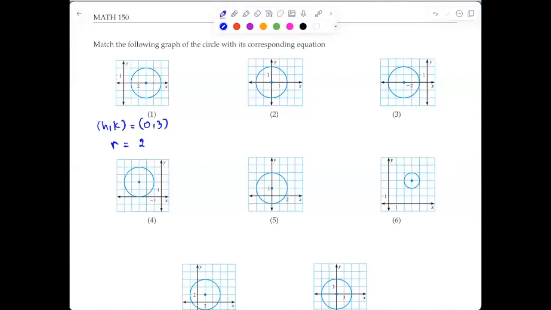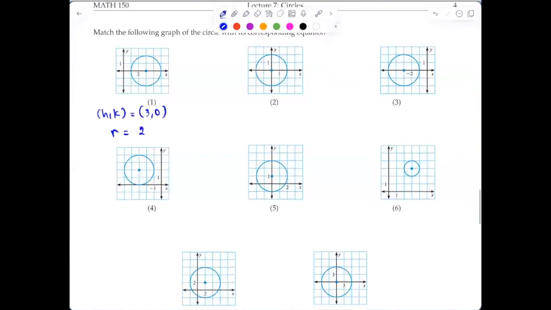Right. So now you go down to the bunch of choices. I'm sorry, yes, 3, 0. Sorry. So X is equal to 3, Y equal to 0. And then you go down to these choices that you have.